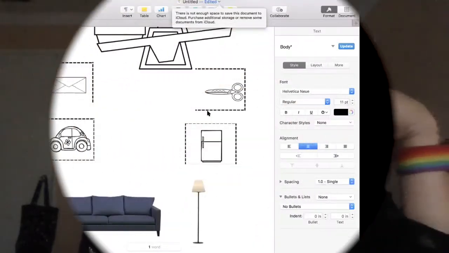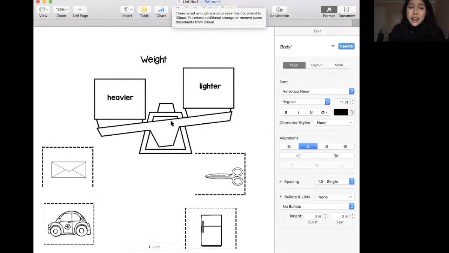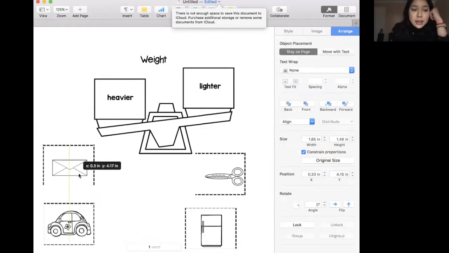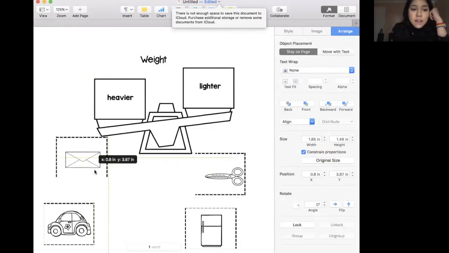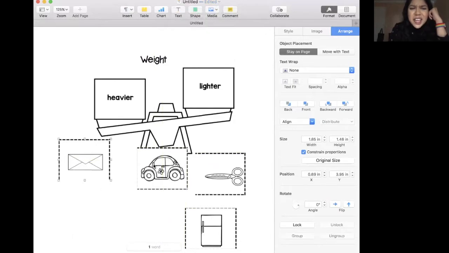I want you guys to help me sort heavy and light on the next page. So here I have a lot of objects I need to sort into heavy, oh, it's too hard to pick up, and light, oh, so easy to pick up. So let's see. An envelope and a car.